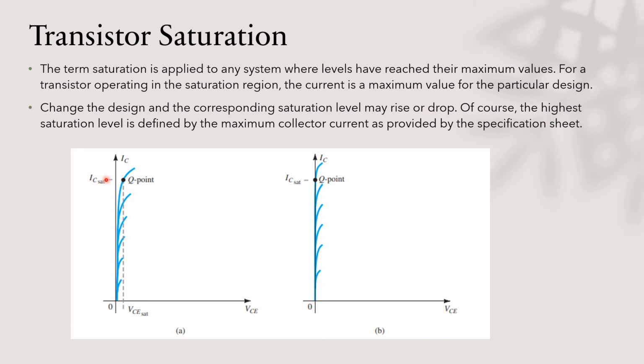Of course, the highest saturation level is defined by the maximum collector current, as provided by the specification sheet, as you can see in our graphical representation with the IC.